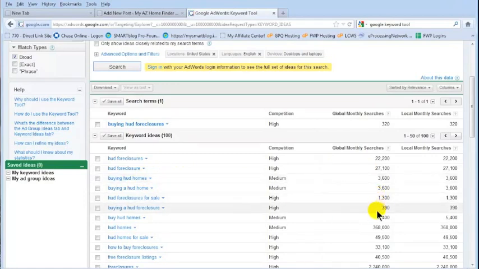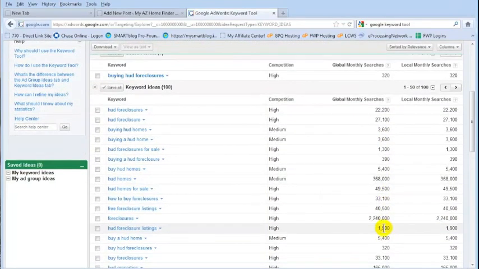So mostly you're going to find that global and local are typically the same. So now I'm coming in here: buying HUD foreclosures, HUD foreclosures. What this is saying here is you have competition, global monthly, local monthly. Where you really want to focus is sort of an art of trial and error. These aren't exact numbers; these are relative numbers.